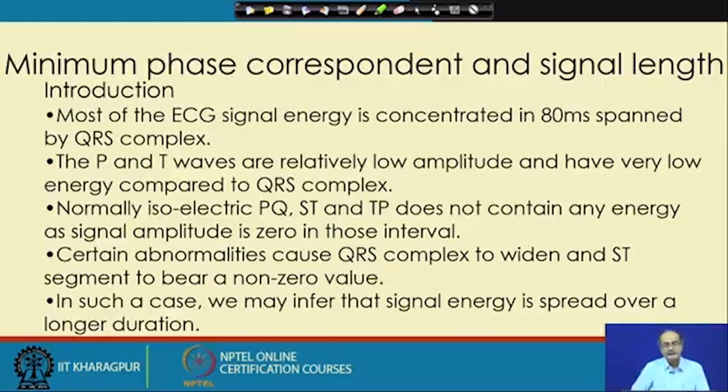For the ECG signal, the researchers have noticed that most of the energy is concentrated in the small interval of the QRS complex, and the span of it is just about 80 millisecond.